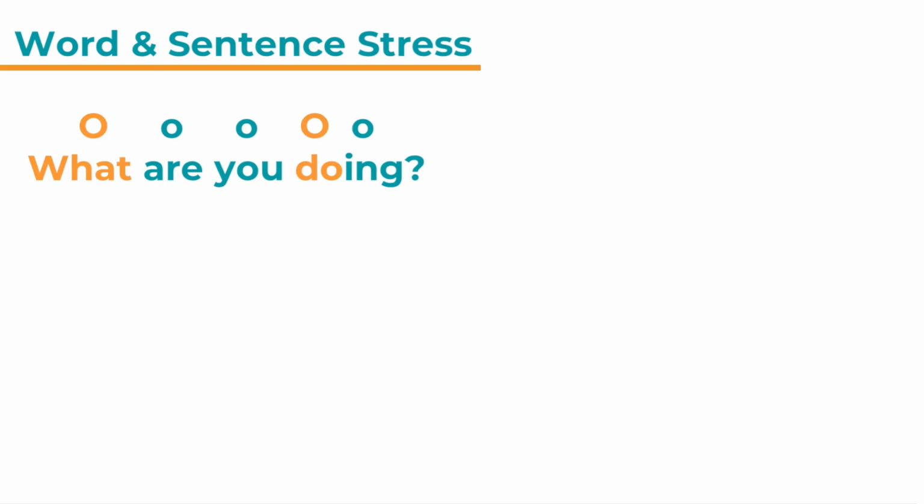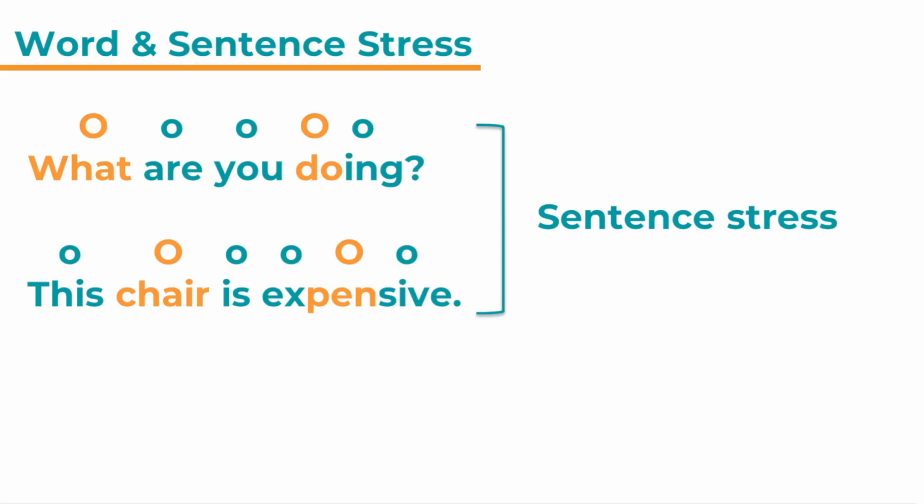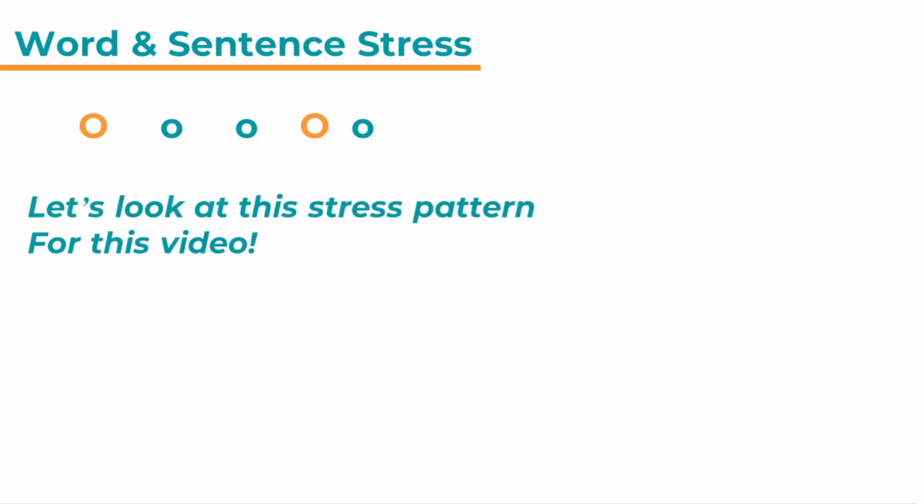What are you doing? Here is another example of a short phrase. This chair is expensive. Here we have stress on the second syllable and the fifth. So you can use stress bubbles to show word stress and sentence stress.